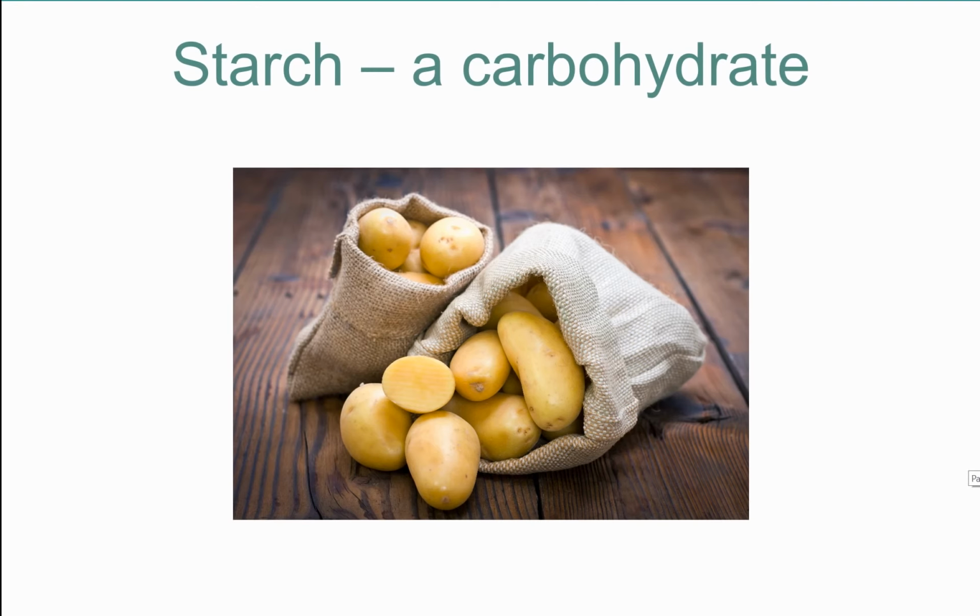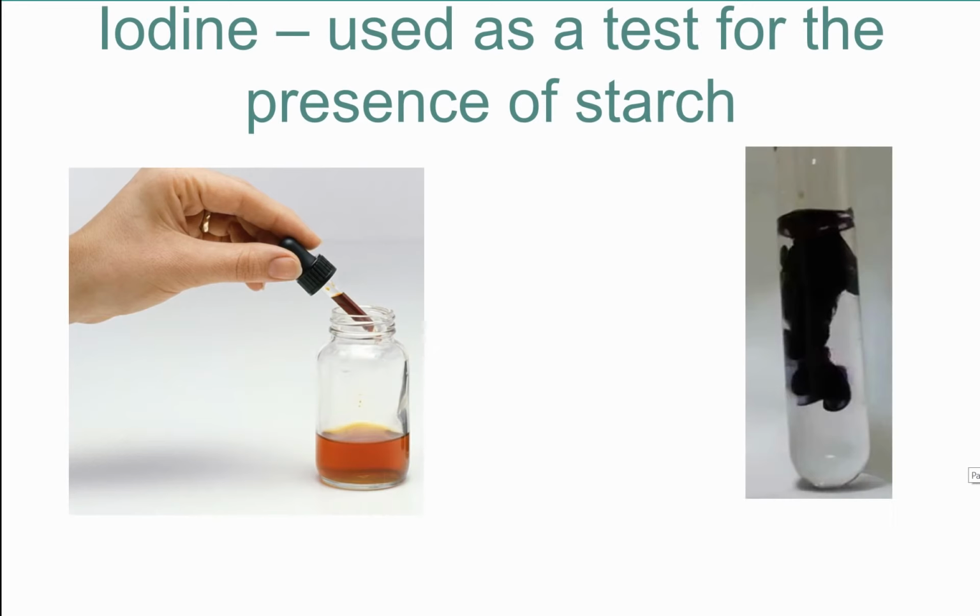You know, starch is present everywhere in food items as a carbohydrate. So we are using the iodine test for the identification of starch. Look at this one. This is the iodine solution in the bottle.